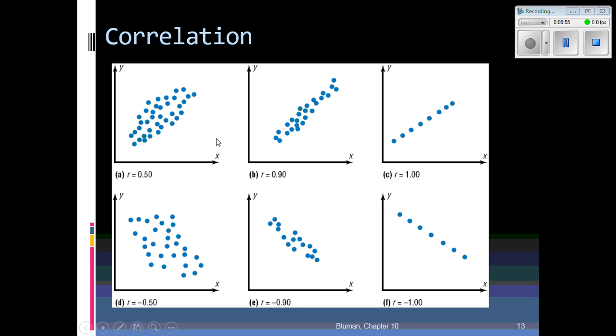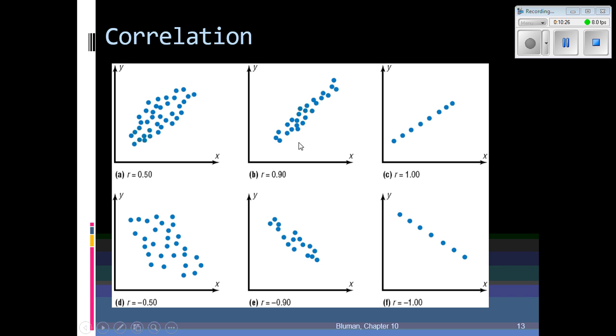So we've got a few graphs here, and this shows you the difference between a positive and a negative relationship between variables. You see right here, if we had an R value, a correlation coefficient, of exactly 1, this is what it would look like, a perfect straight line.